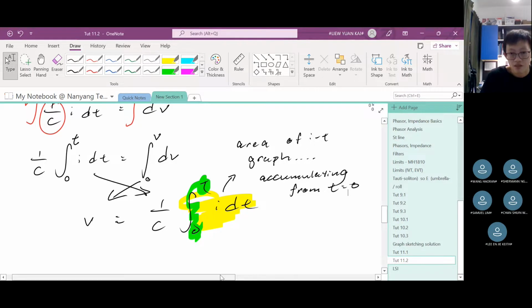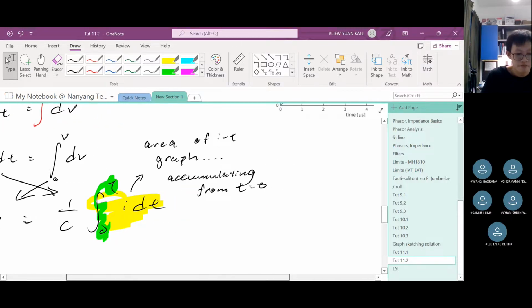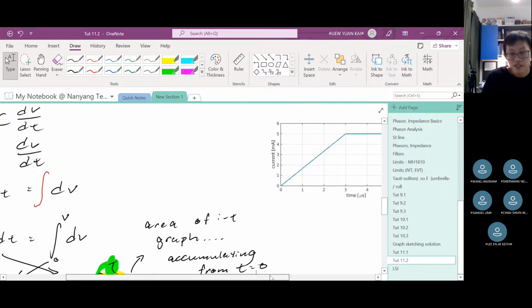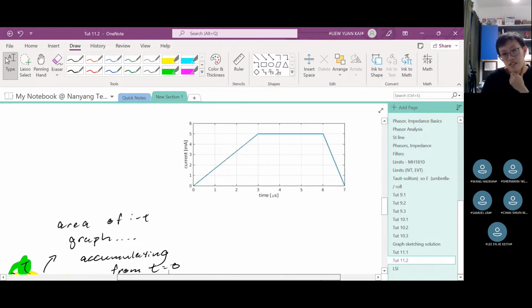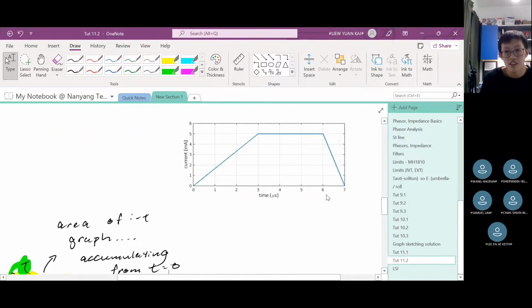Okay, what does that mean? I'll show you what I mean later. So to find the value of the voltage in the capacitor, we need to find the area under this graph over here. All right.